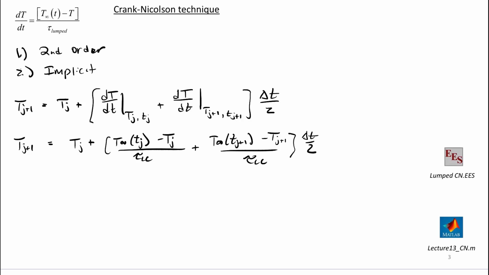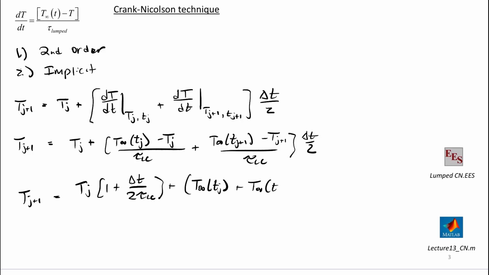I don't know if I need to write it out, I guess I could just for the sake of having it. Tj plus 1 is equal to Tj times 1 plus delta t over 2 tau LC, plus the quantity T infinity at Tj plus T infinity at Tj plus 1, times delta t over 2 tau lumped.